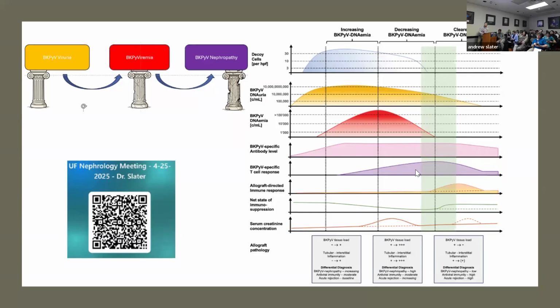There's a T cell response, right? And it's about this time that we recognize the disease. Net state of immunosuppression goes down. We have our bump in creatinine, and immunosuppression is still down. We're worried about rejection. Creatinine goes up, boom, rejection, and then net immunosuppression goes up. It's a story.